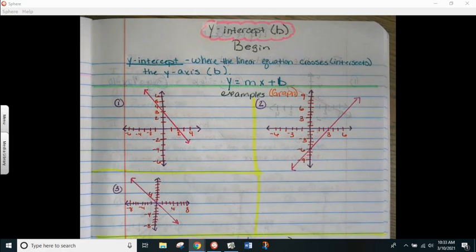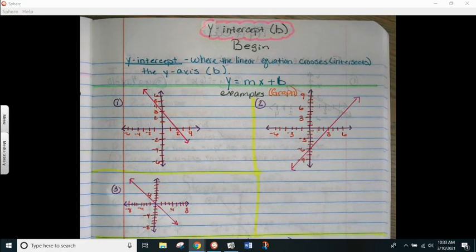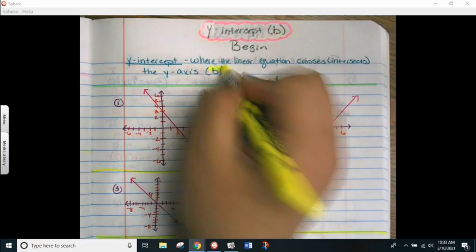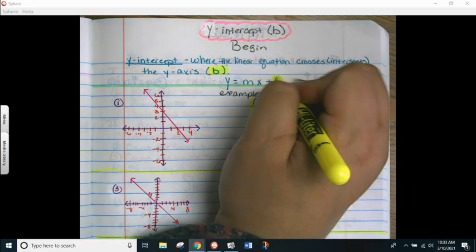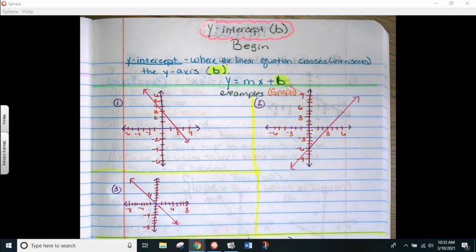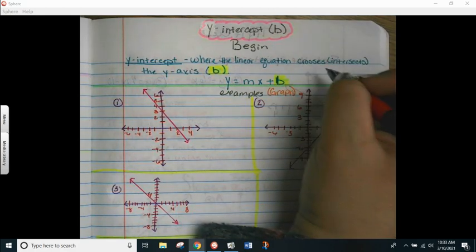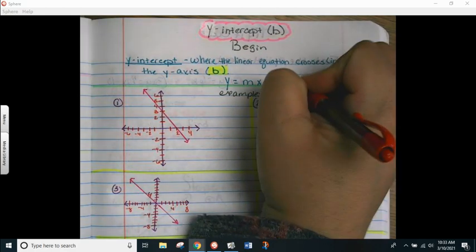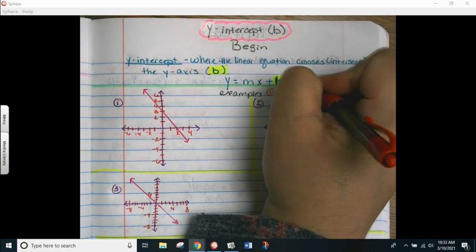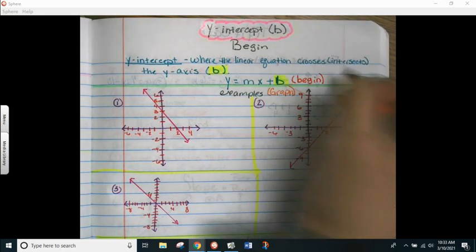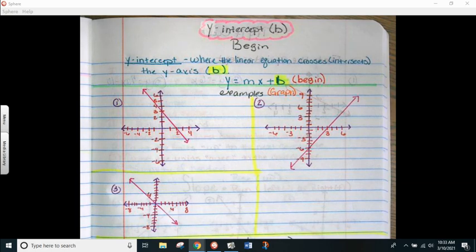So the y-intercept uses the variable b. So it is the letter b, the variable b, in the equation y equals mx plus b. Now b, I like to think of it as where we're going to begin later on when we're graphing these equations.